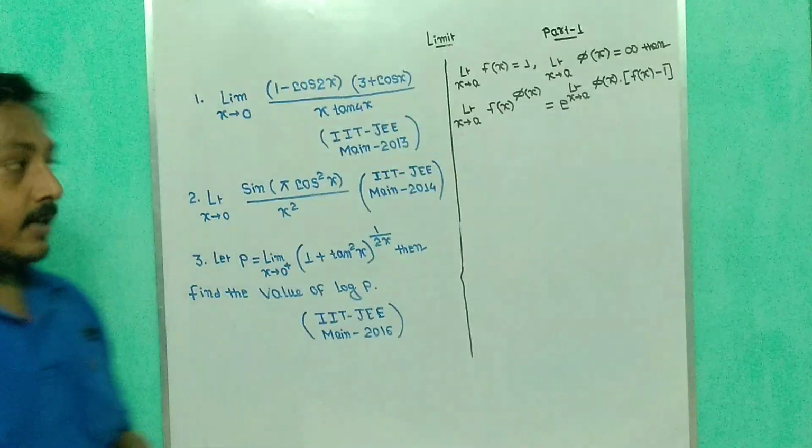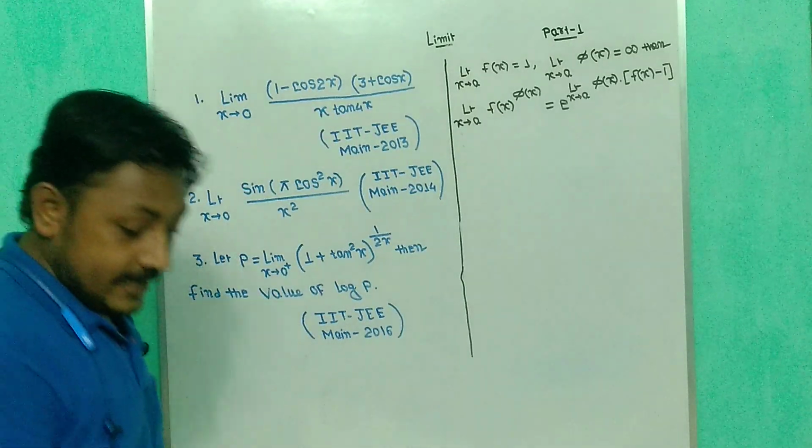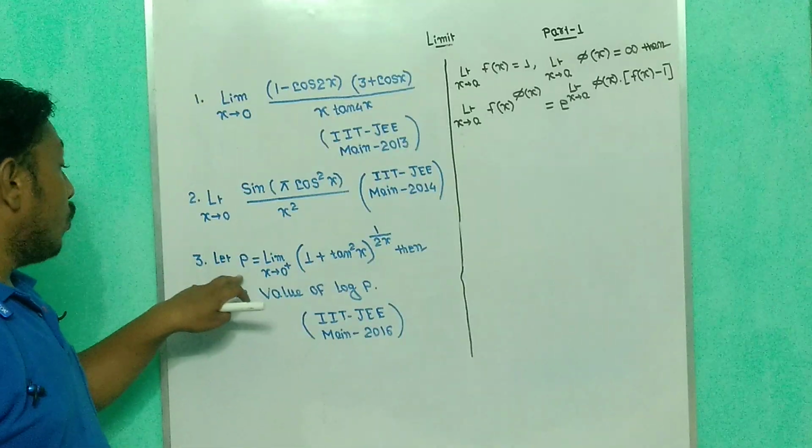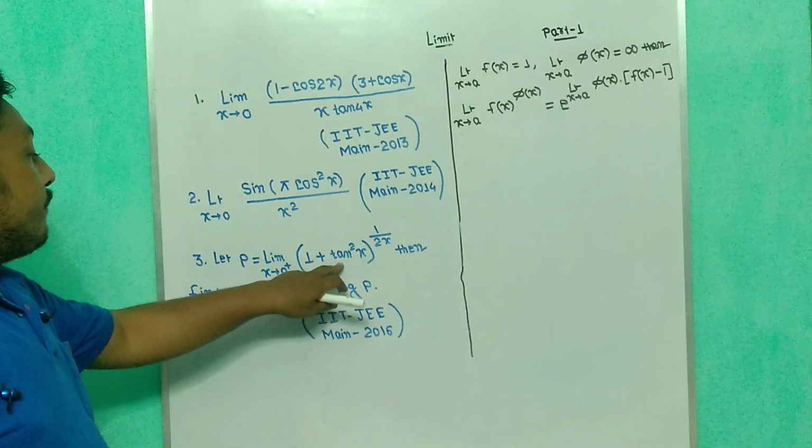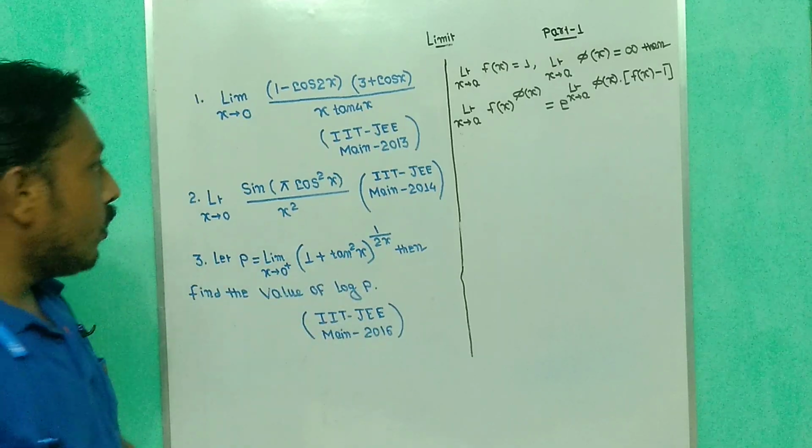Clear? Okay. Now see here in this question f of x equals 1 plus tan square x.